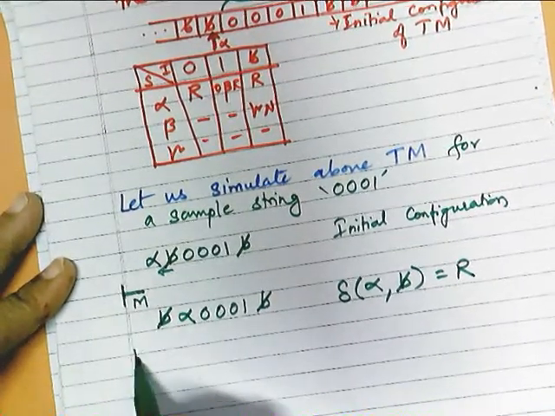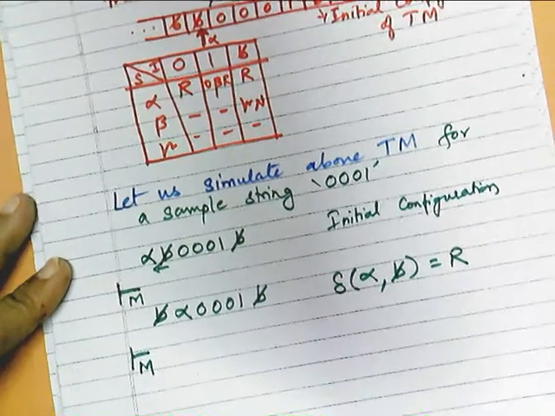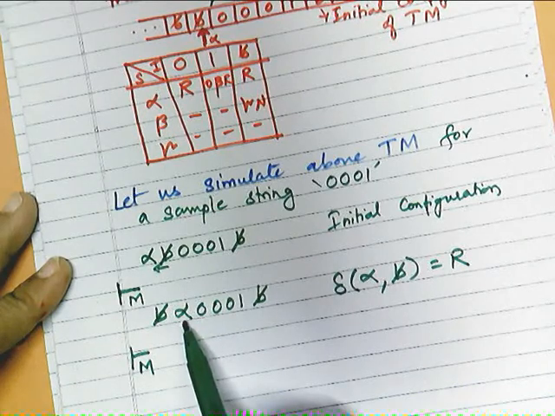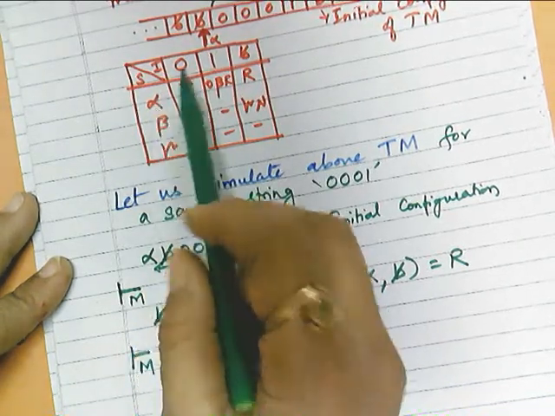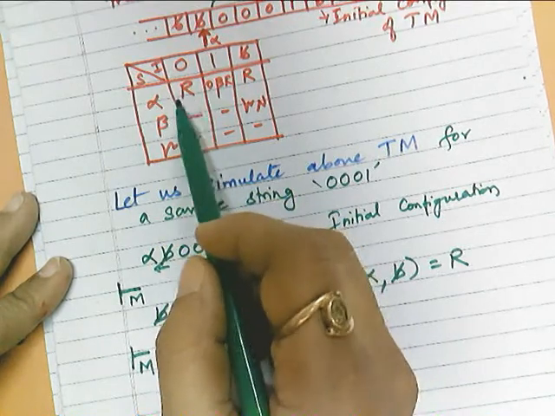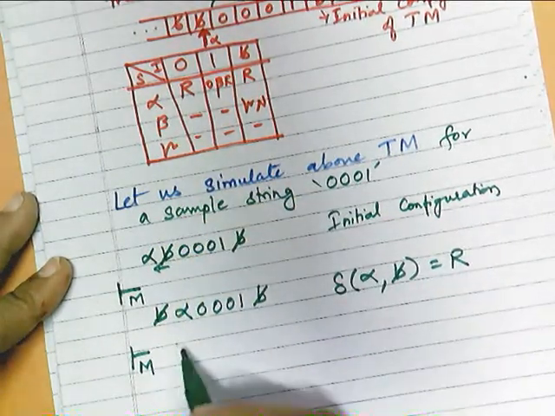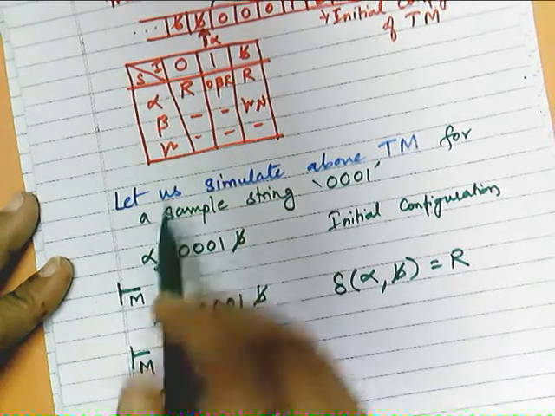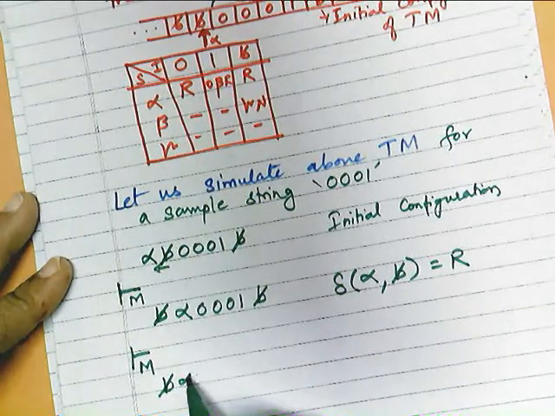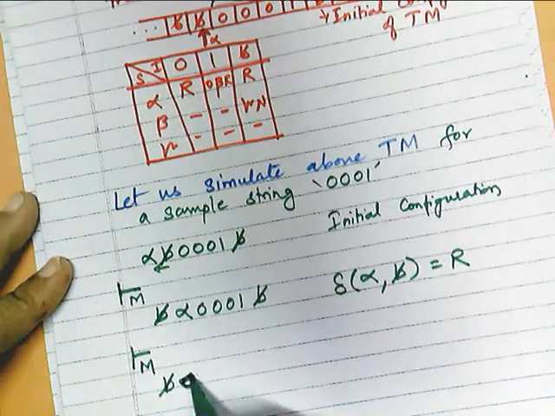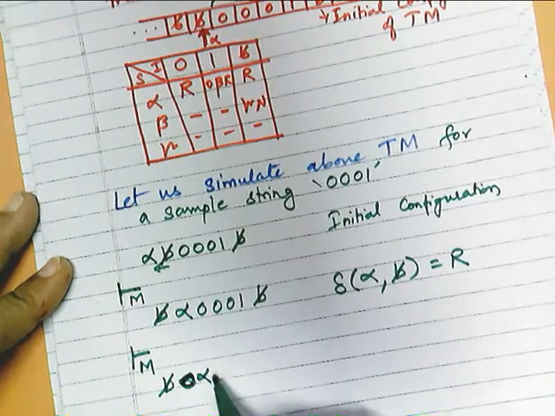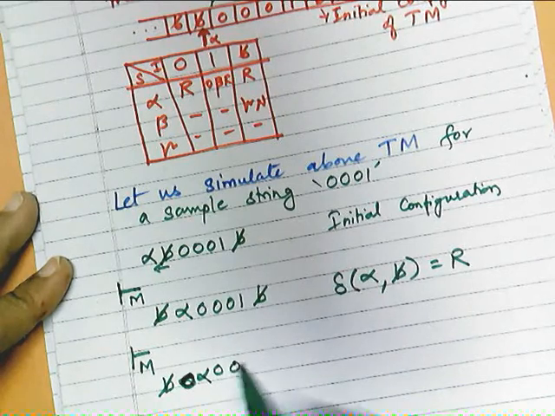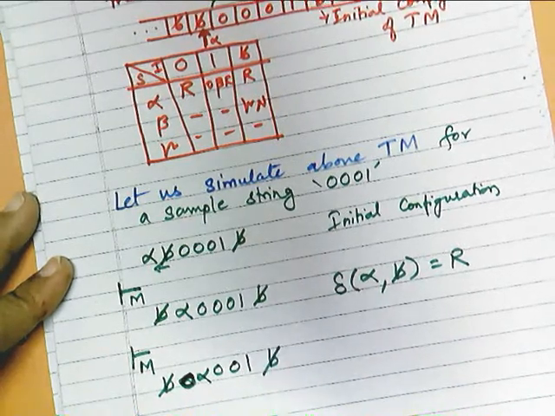Next, this is now acting as the current ID. Now we want to read 0 with the current state alpha. What is happening? Again it is moving towards the right. So I need to write the next ID as well. Alpha is only moving towards the right, so alpha will be moved before the next 0 to be read. So 0, 0, 0, 1 and blank, right?